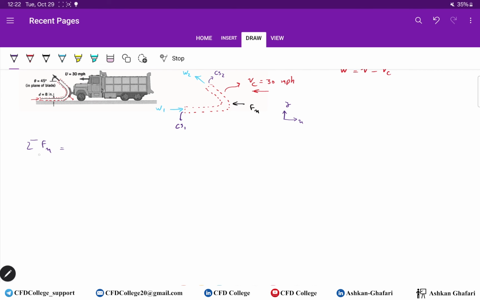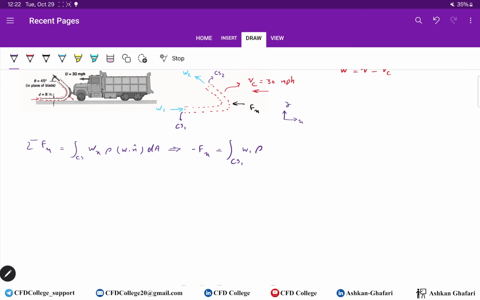So summation of forces in X direction equals the exchange of momentum with Wx. It's pretty similar, W dot n dA. So we have only minus Fx, because it's in the opposite direction, equals, we have two control surfaces. Over control surface 1, Wx is W1, rho.